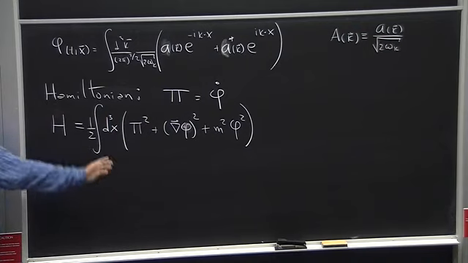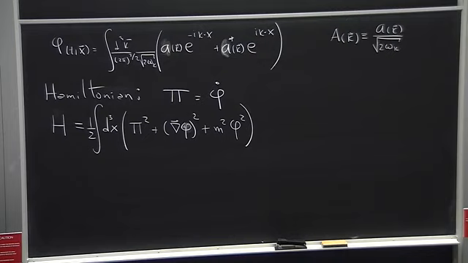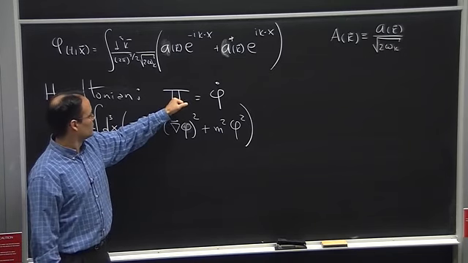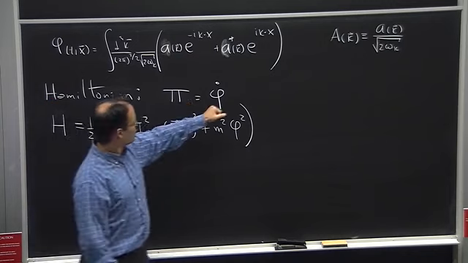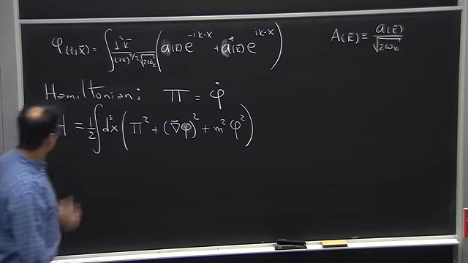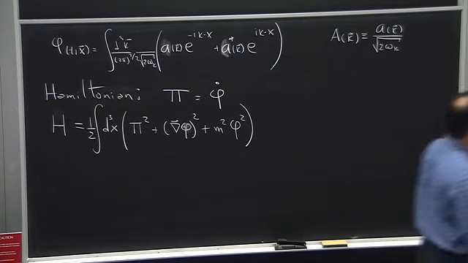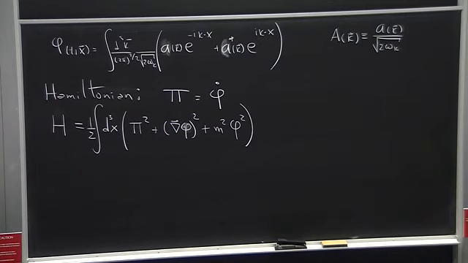But this is precisely the reason we decided to study this theory and not just go ahead with electromagnetism. The reason is that we have our nice canonical momentum conjugate to phi, and we can now proceed as in quantum mechanics, okay? But before we do it for this, let's actually quickly review what we do in quantum mechanics.